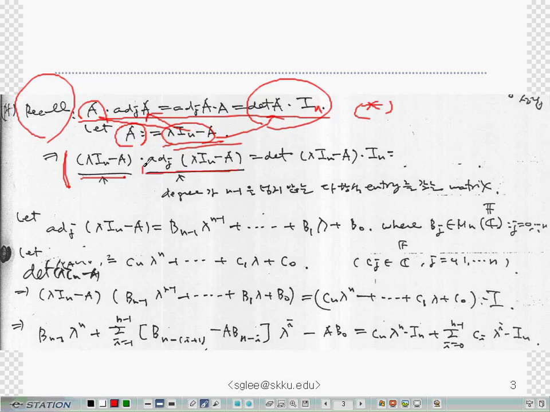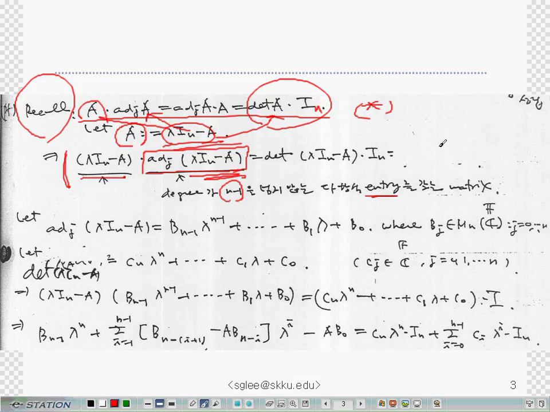But as you see, each entry of this matrix is a polynomial of degree at most n minus 1 in lambda, because in the adjoint of this matrix, each entry is a determinant of a submatrix of size n minus 1 by n minus 1.